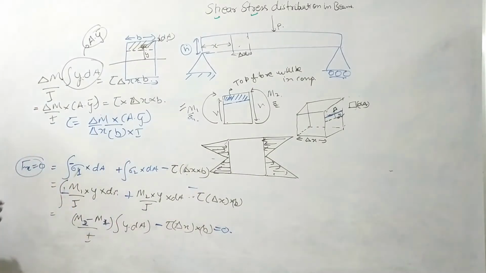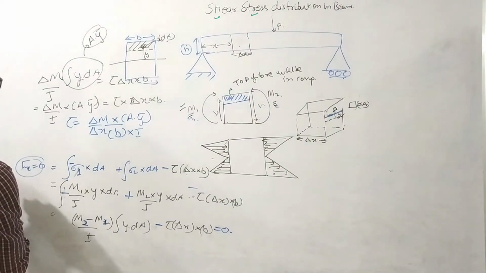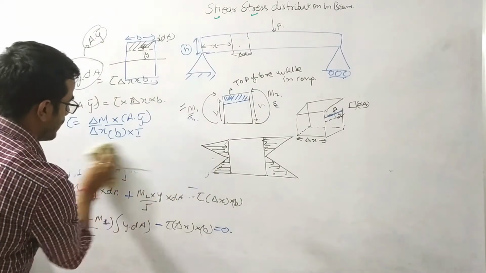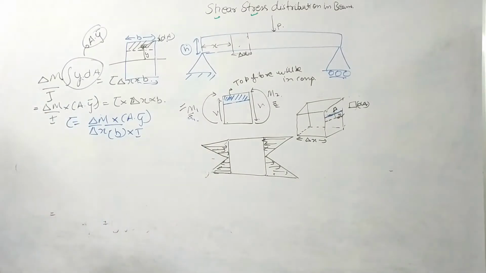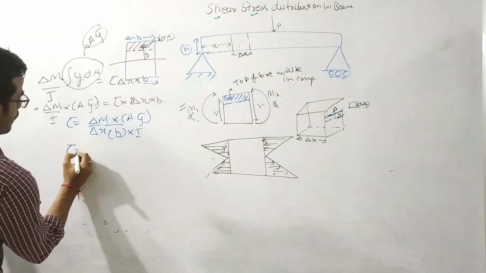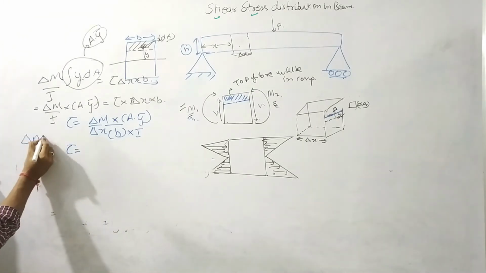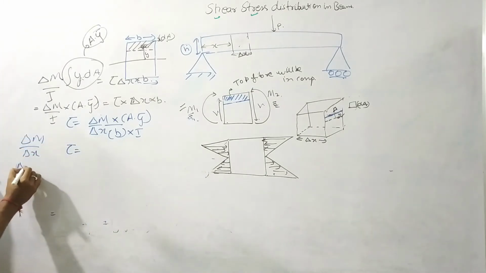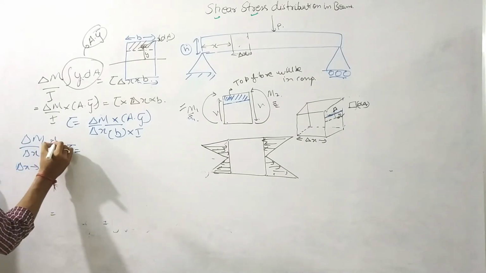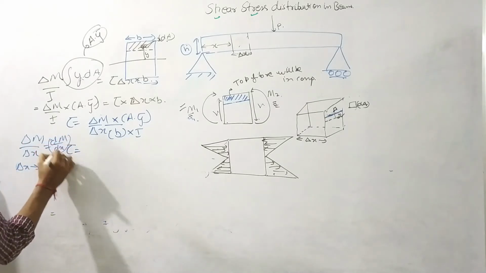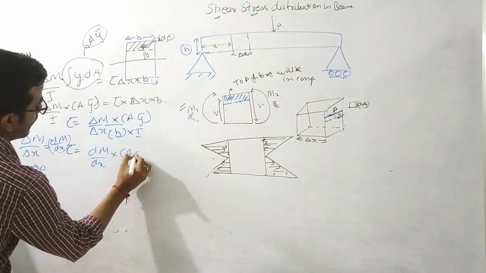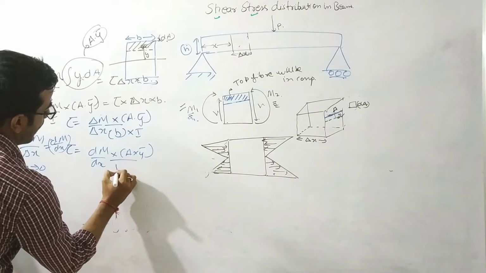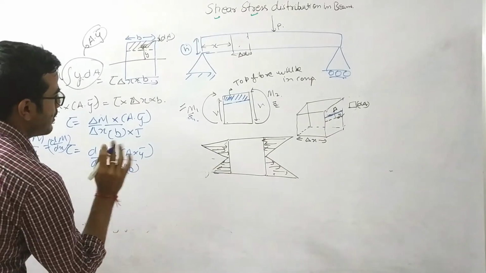If delta x tends to 0, I can write del M by del x equals dM by dx. So I can write tau equals dM by dx into A y bar over I into b, where b is the width of the cross section.